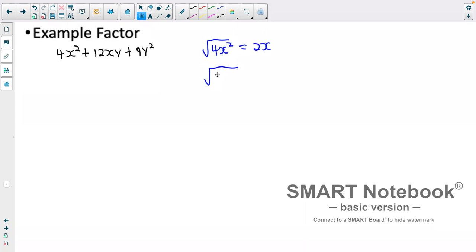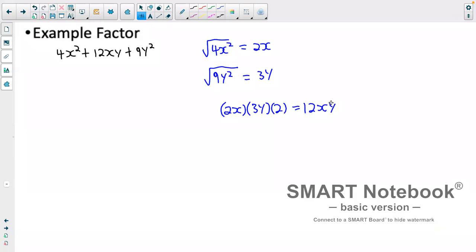The square root of 9y squared is 3y. So we'll multiply them by each other and by 2. And if they give us a 12xy, we know this is a perfect squared trinomial. So we've got 2 times 3 is 6, times 2 is 12, x times y gives us xy.